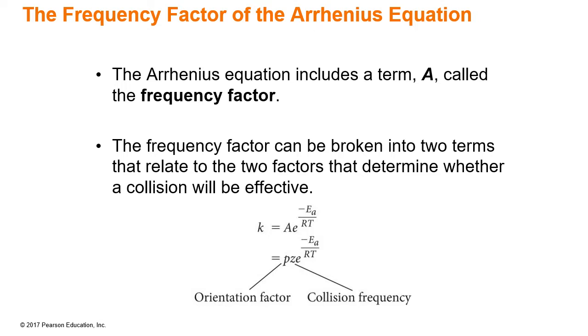These two factors, the orientation factor and the collision frequency, are what make up the frequency factor in our rate constant. So the A that we talked about previously and calculated using the intercept, that is made up of both the orientation factor and the collision frequency.